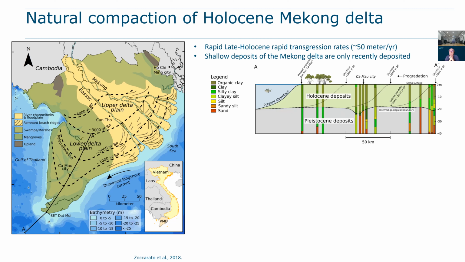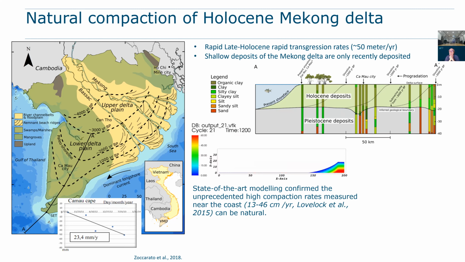It had a very rapid progression, building out into the sea. And when you have that, these sediments can actually compact under their own weight quite significantly. There are measurements, for example, at the tip of Mui Ca Mau in the south of the delta, where several centimeters of compaction have been measured for these top 20 meters.